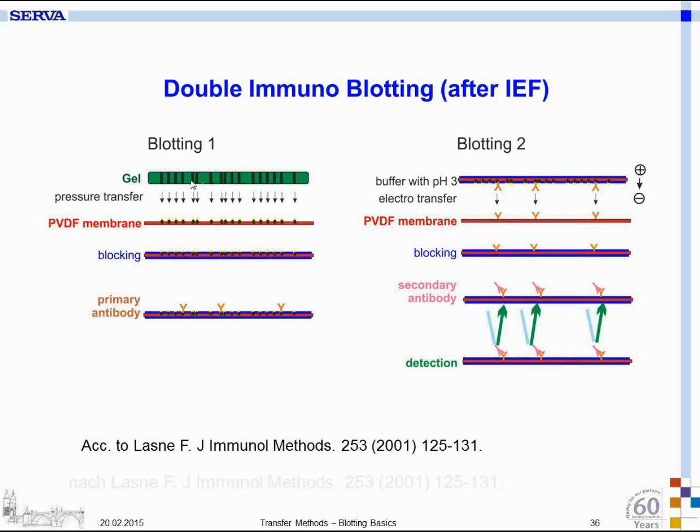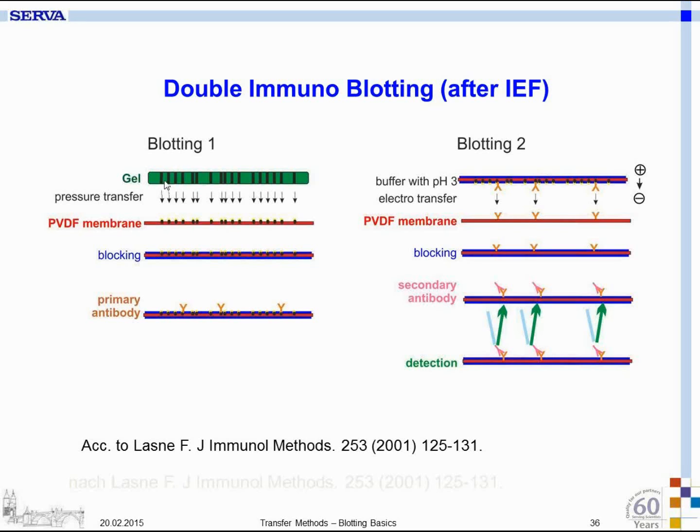So what is done here is isoelectric focusing first, in presence of 7 molar urea usually, but they also perform SDS electrophoresis, though mostly isoelectric focusing. And here with isoelectric focusing, the pressure transfer method has become more and more the method of choice because of the reasons I told you already.